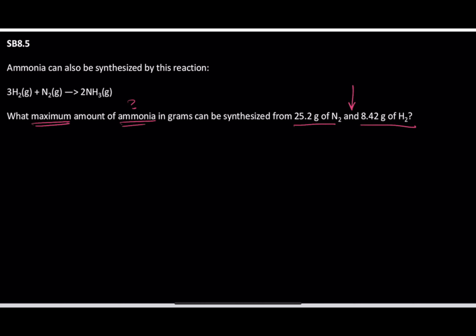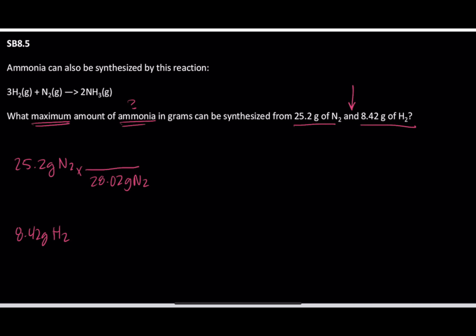In order to figure out the LR, we need to see which is going to make the least amount of product, because that's what the definition is. So we're going to take each reactant, both the nitrogen and the hydrogen, all the way to the product. In this case, there's only one product, the ammonia. If there were more than one product, we would just pick a product. It doesn't matter which one. We would pick one of them to take both reactants to.